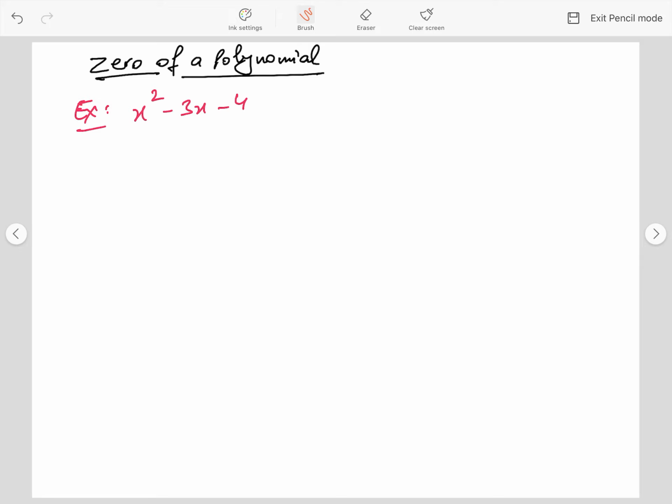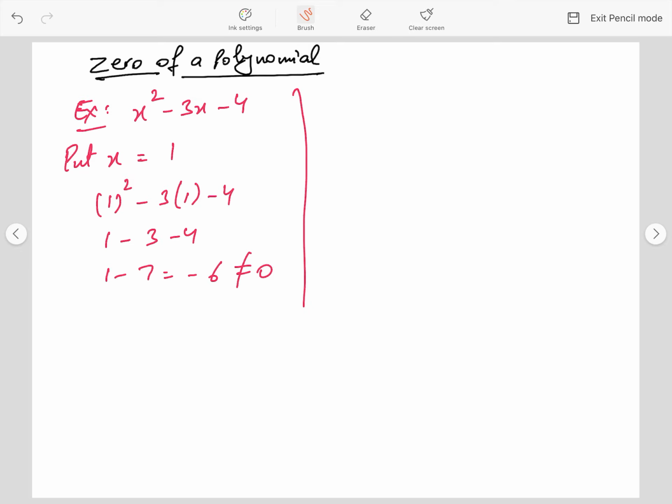Whatever value we put, if our answer comes 0, then that value will be the zero of this polynomial. Now let us put 1 in place of x. We will get 1 square minus 3 into 1 minus 4. So 1 minus 3 minus 4, that will be 1 minus 7 equal to minus 6. So this is not equal to 0, that means 1 is not a zero of this polynomial.